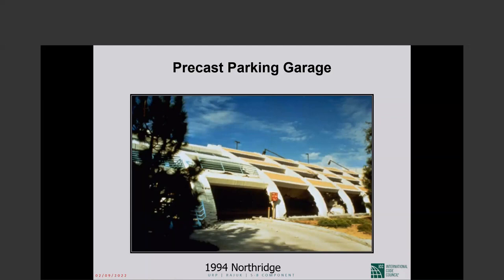All these rules that we went over are the result of learning from many earthquake experiences. I can assure you that they give you structures that perform. There is a huge difference between pre-1973 concrete and the concrete we are building today.